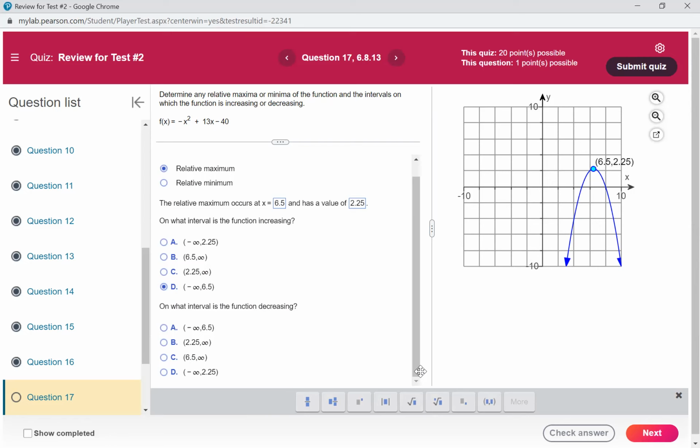C, as in cat? I think there's two of us saying C. Yeah. Okay, C as in cat would be perfect. So it increases from negative infinity to the 6.5, and then from 6.5 to infinity, it's decreasing. All right, now I think that's all I had to pick on that. And yeah, so then we would hit next.